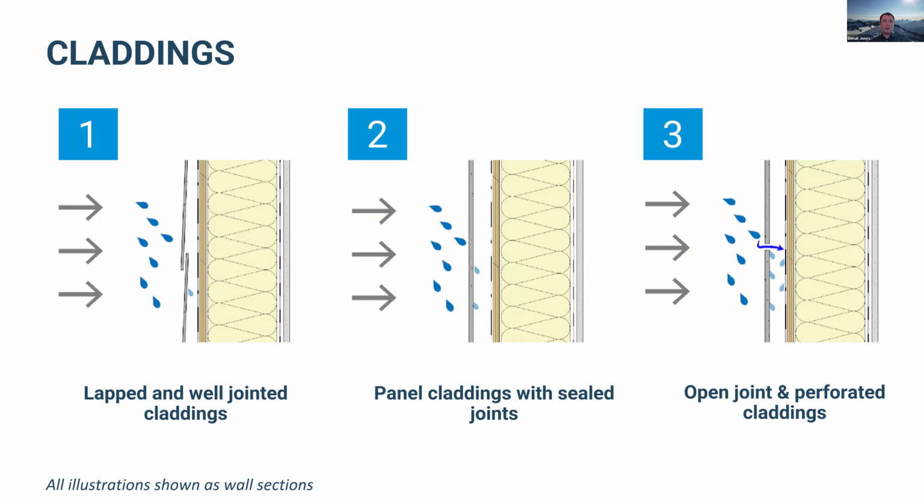That could vary depending on how much water is going to get in there. Or your flashing details, how often you need kick-out flashings to get water out of that cavity. That might be impacted by the openness of your cladding system, or even what membrane you use. If you actually have an open joint or perforated cladding, you need a membrane that can handle UV exposure, permanent UV exposure through those gaps.